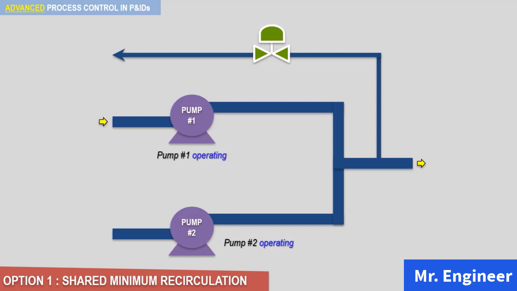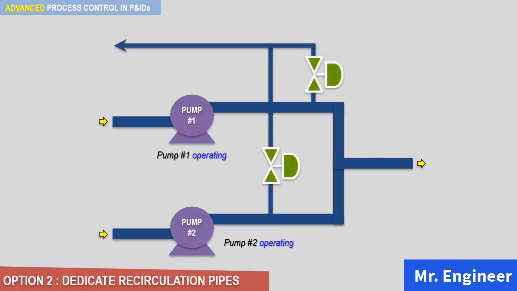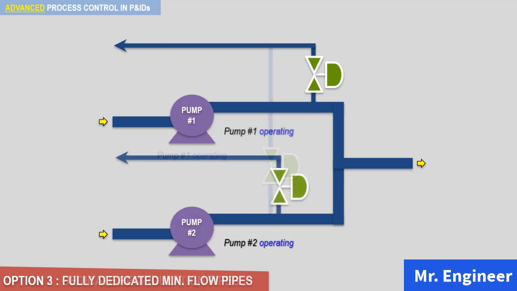In option 1, a shared minimum recirculation pipe is provided for 2 operating pumps, as highlighted here. In option 2, dedicated recirculation pipes are provided at the beginning, but they are merged downstream before getting to the upstream reservoir. In option 3, fully dedicated minimum flow pipes are provided for each pump in parallel arrangement, and both are operating.